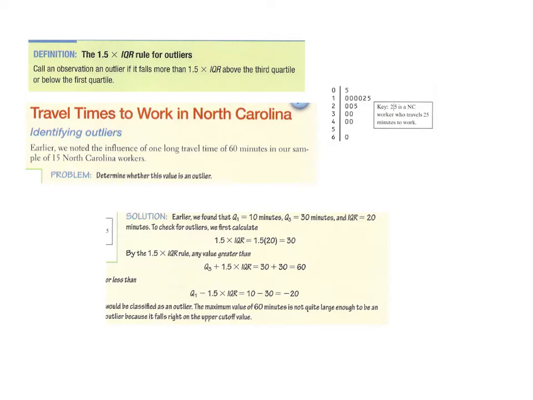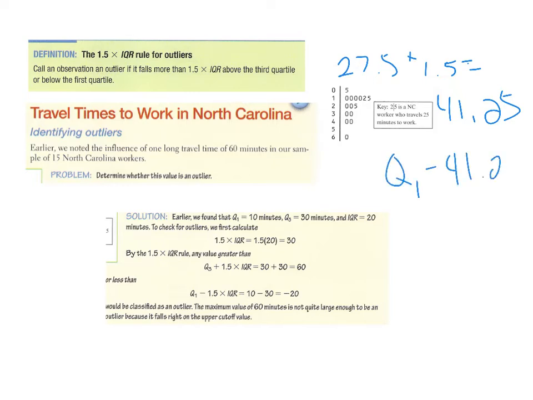So, for instance, in the last set we had an IQR of 27.5 minutes. If I wanted to know if the other travel times were outliers, I would take 27.5 times 1.5, which is 41.25, and then add that to my third quartile and subtract it from my first quartile.